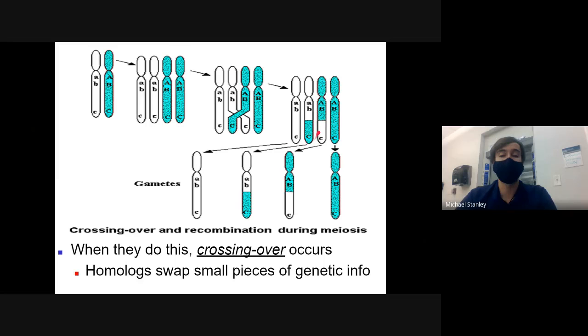So now a piece of your dad's DNA is on the chromosome that you originally inherited from your mom, and a section of your mom's DNA is on the chromosome that you originally inherited from your dad. So this is what we mean by crossing over. The 2 similar chromosomes, those homologous chromosomes, accidentally swap a small section of their DNA strands.